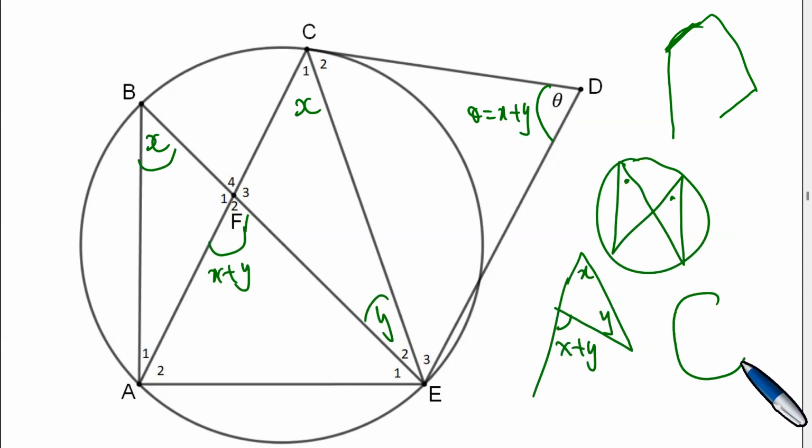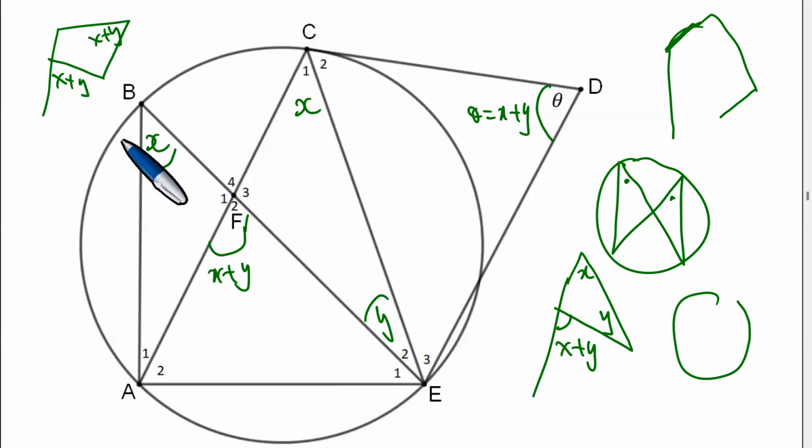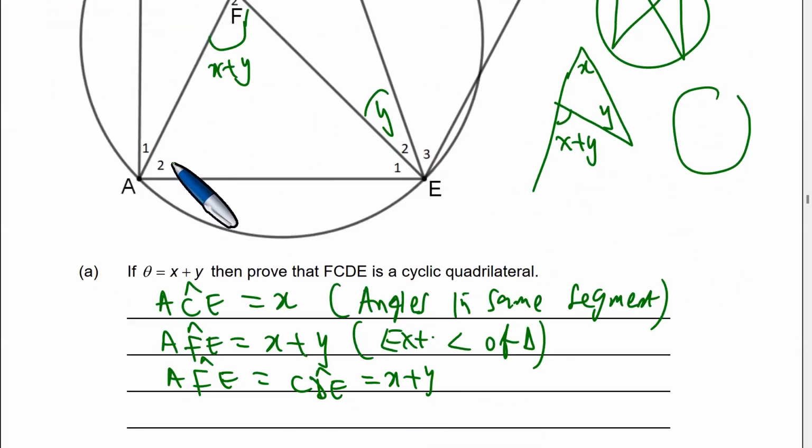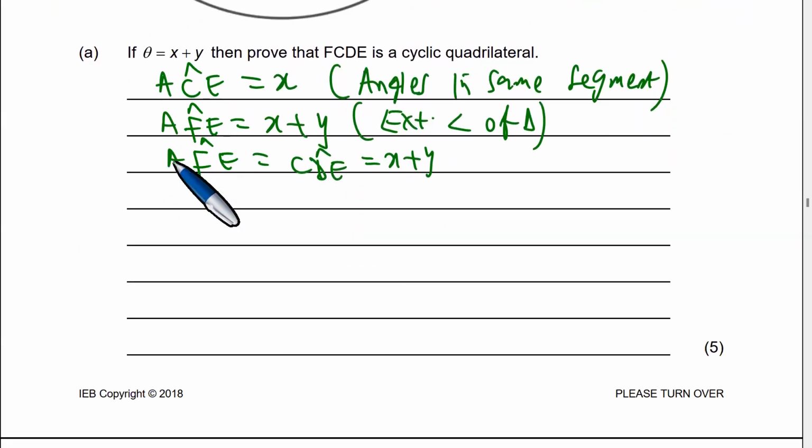What I want to draw is a quad like this, such that this is X plus Y, but also this is X plus Y. So the exterior angle of the quad is equal to the interior opposite angle.